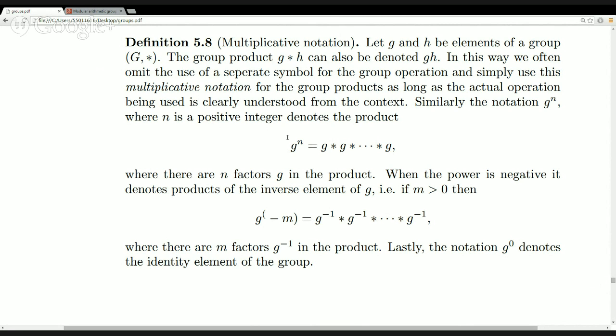So m copies of g inverse. So we can just discard the asterisk symbol and write our group operation, the binary operation, just as if it were multiplication. And we can use the idea of exponents as well to refer to repeated applications of the binary operation.